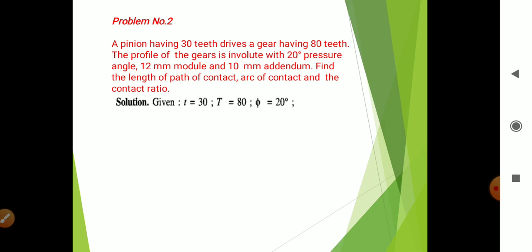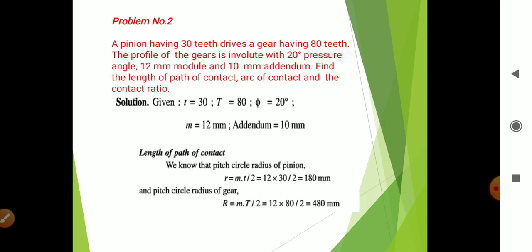Capital T is equal to 80, the number of teeth on the gear, that is the wheel. Phi is equal to 20 degree, the pressure angle. Module m is equal to 12. Addendum is equal to 10. This is what is given.